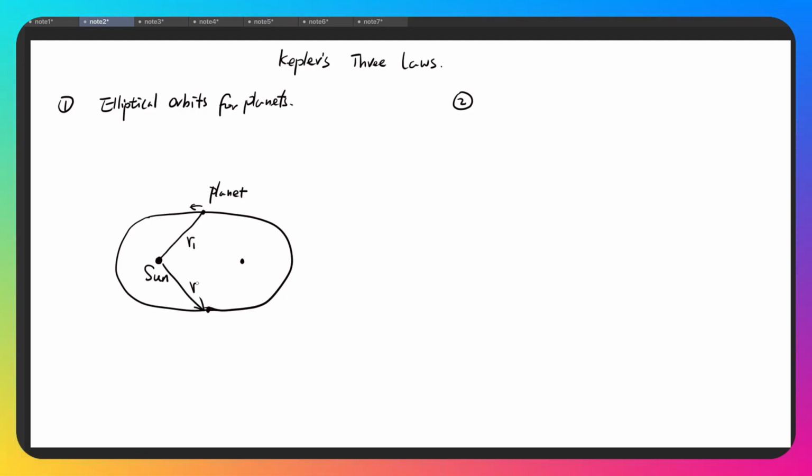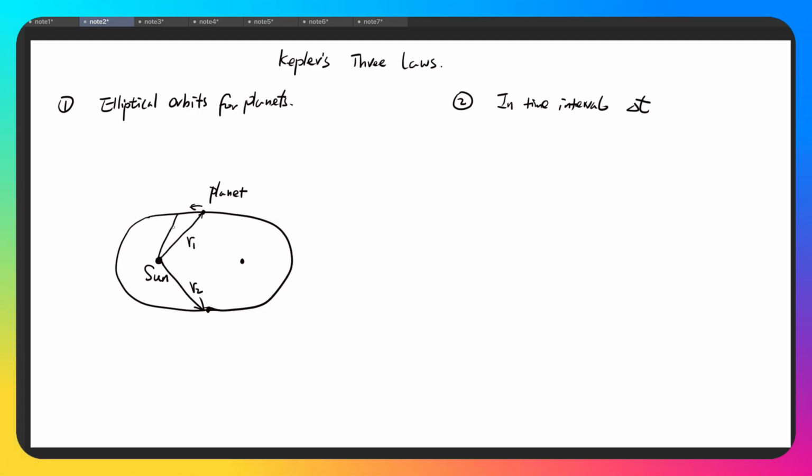Then I get R2. So again, R1, R2 refer to two time instants in the past of this planet. And the second law says that this connecting line, after a time interval, let's say delta t, is going to sweep the same area.